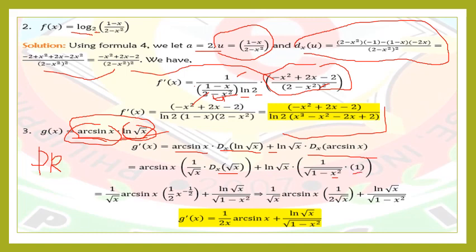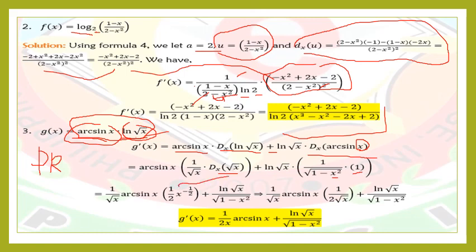Okay, 1 over the square root of 1 minus x squared lang ito kasi ang u natin dito class is x lang man. Okay. So we have 1 over the square root of x times arc sine x rather, and then derivative ni square root of x is 1/2 times x to the power of negative 1/2. Okay, eto, derivative yan ni square root of x.